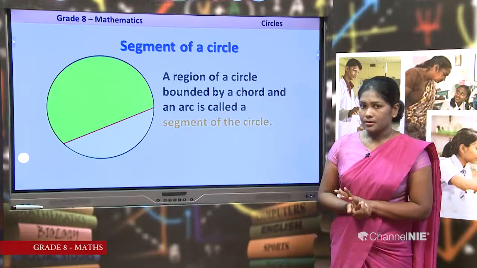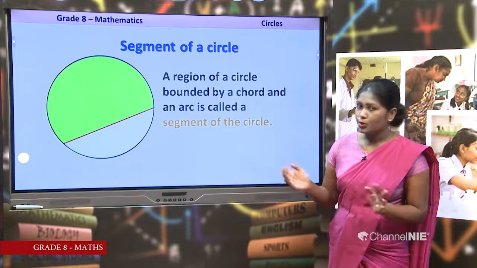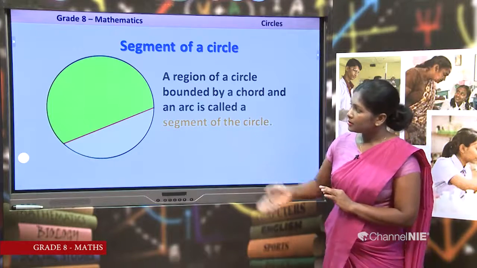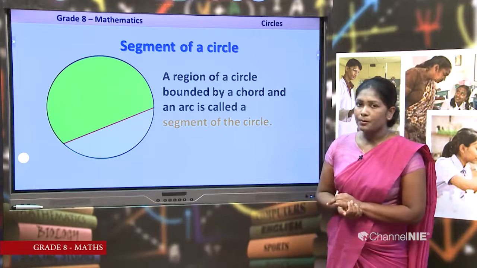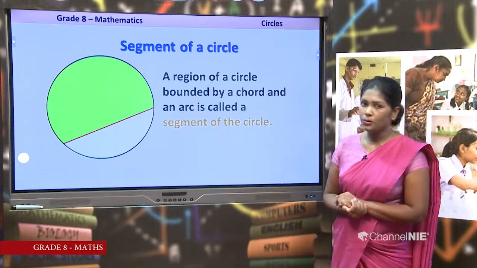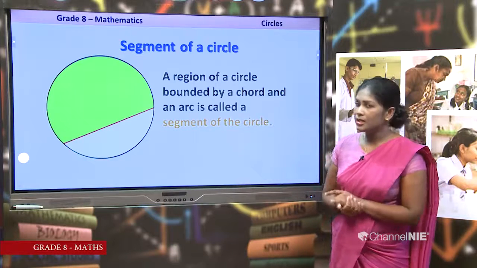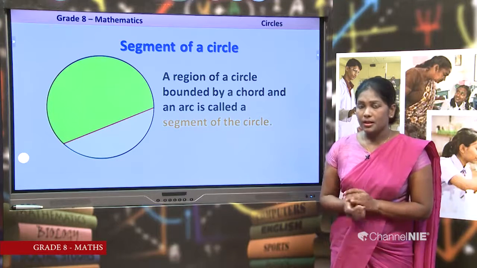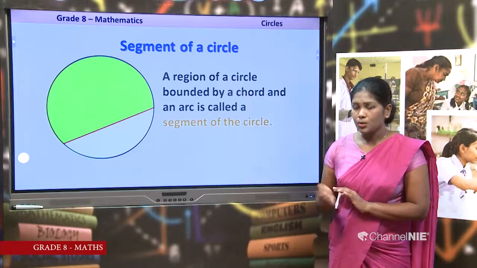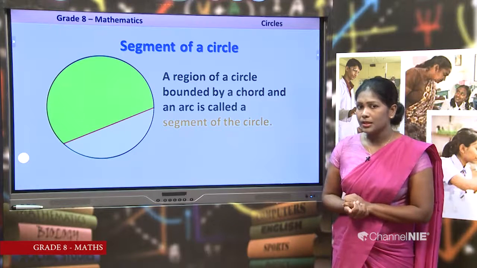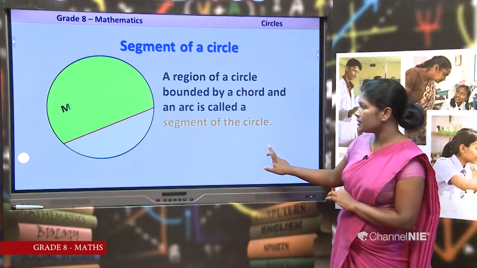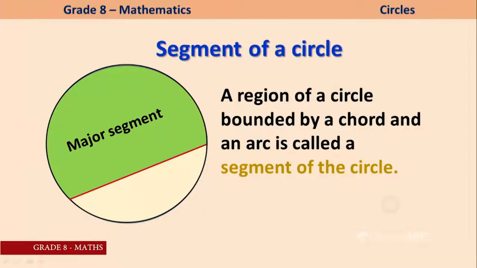Now you see here a green color region and also a white color region. There are 2 parts. So the green color region is larger than the other. So we can call this the major segment. The other one is the minor segment.